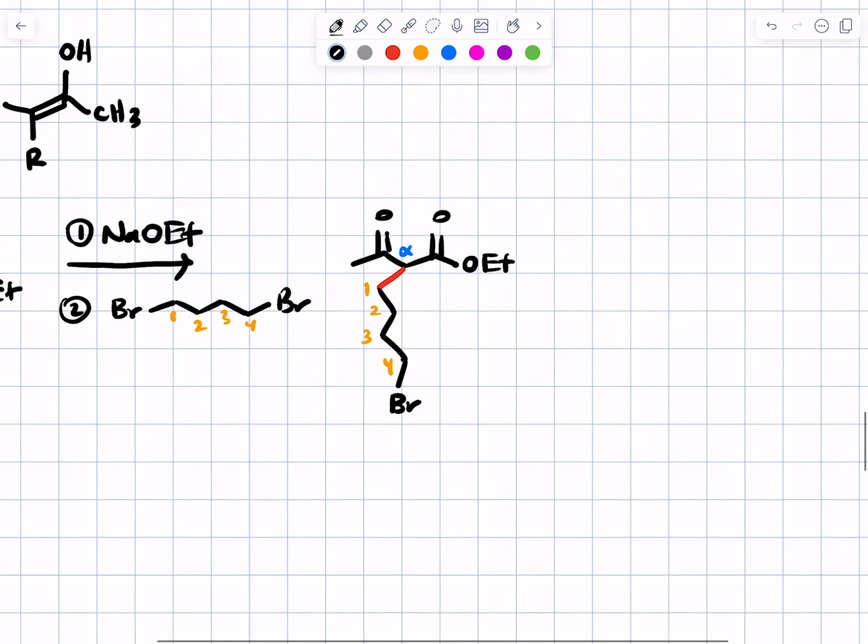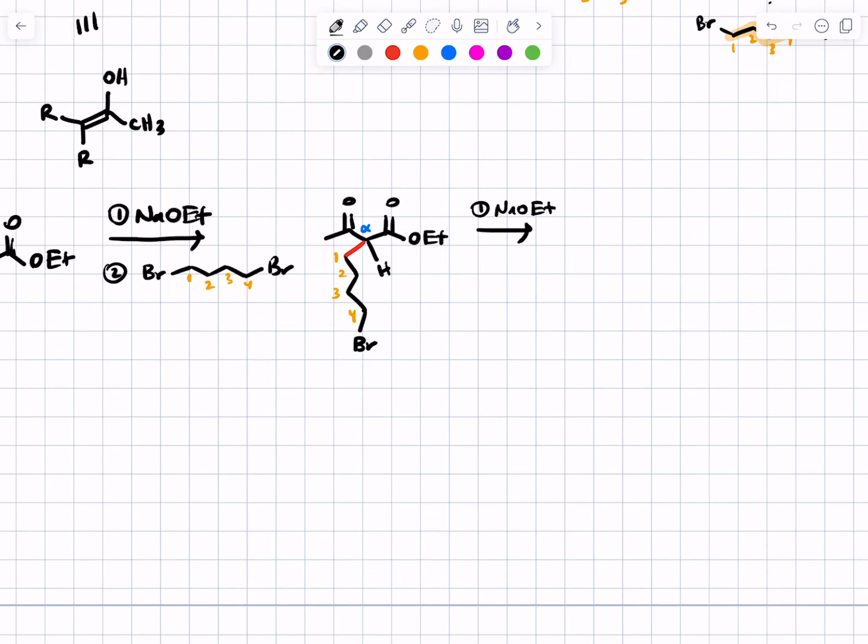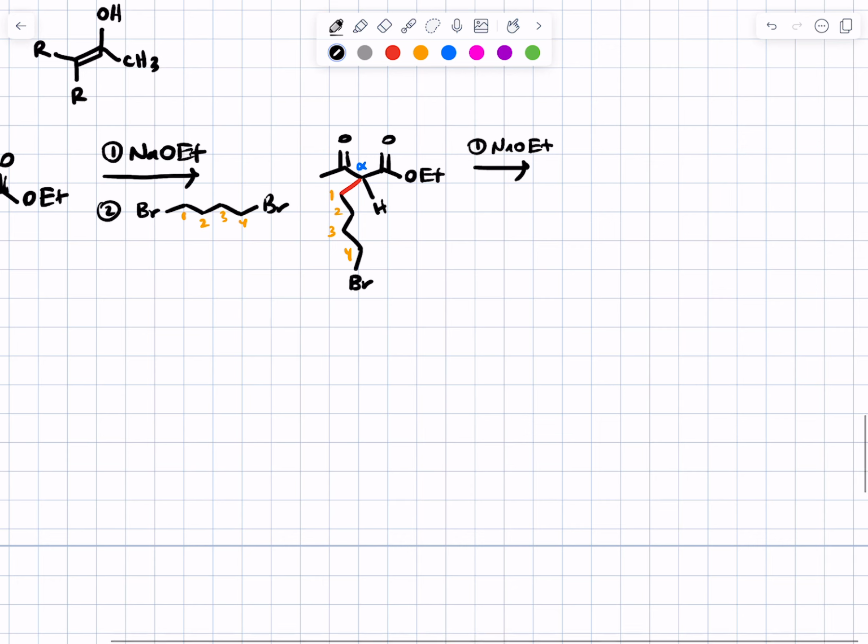Okay, then we'll do, again, another deprotonation reaction. I'm going to actually draw the intermediate.